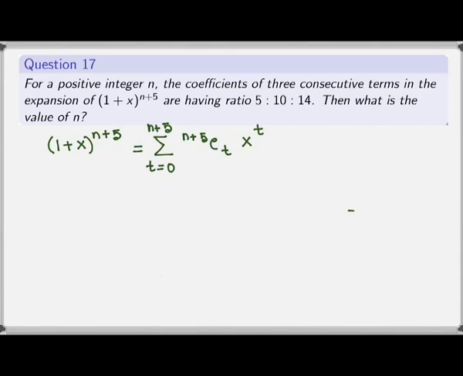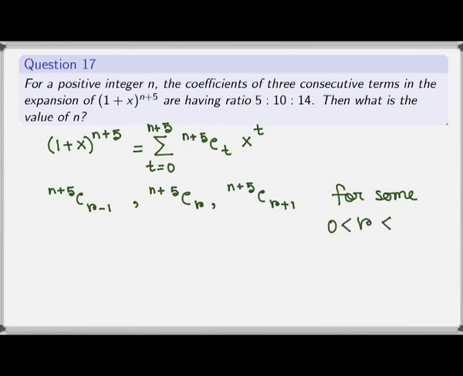Now from this binomial expansion, it is very evident that three consecutive terms will be having coefficients in the following form: (n plus 5)C(r minus 1), (n plus 5)Cr, (n plus 5)C(r plus 1) for some r which is strictly bigger than 0 and is strictly less than n plus 5.